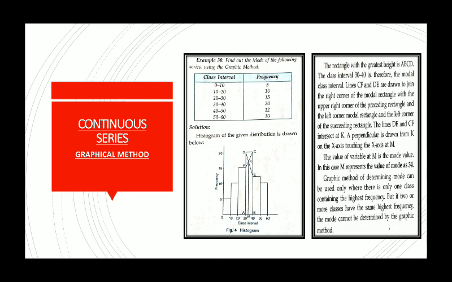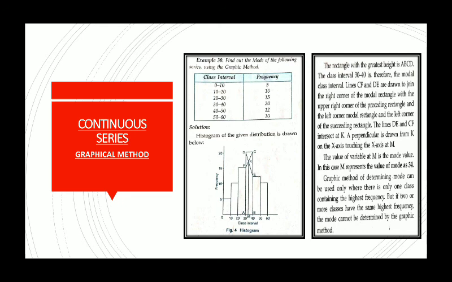Now the lines DE and CF intersect each other at point K. From that point K, a perpendicular is drawn on the horizontal axis, which is the x-axis, and then that perpendicular intersects the axis at point M. Now the value of the variable at point M is the mode value. In this case, this histogram represents M as the value 34. So here the histogram shows that the modal value is 34.